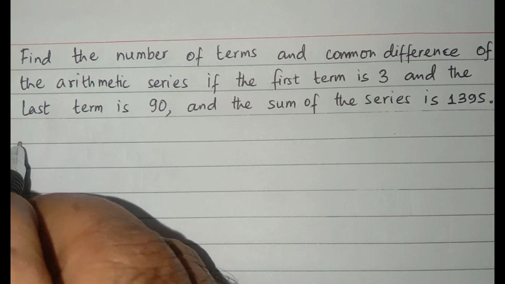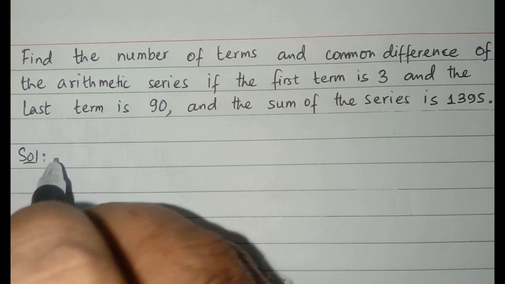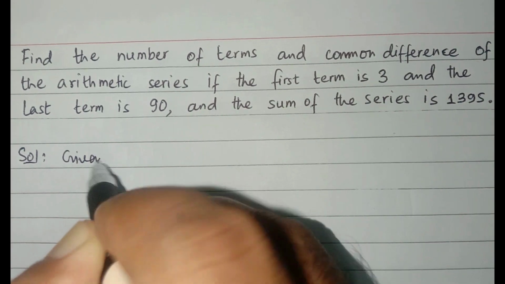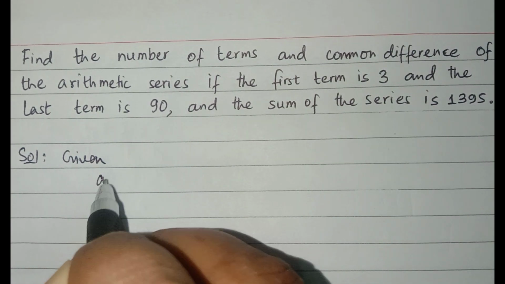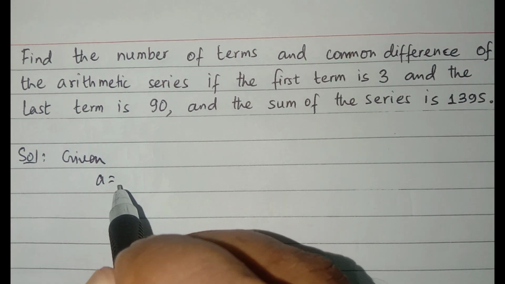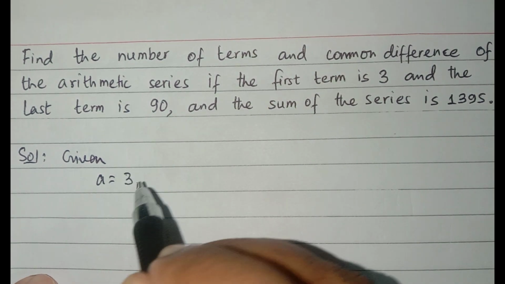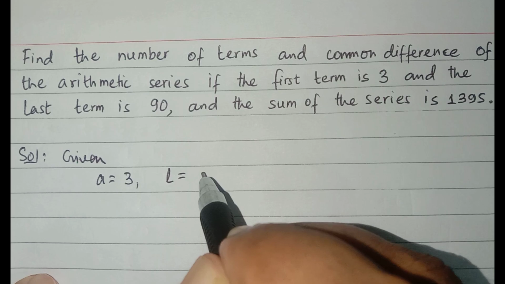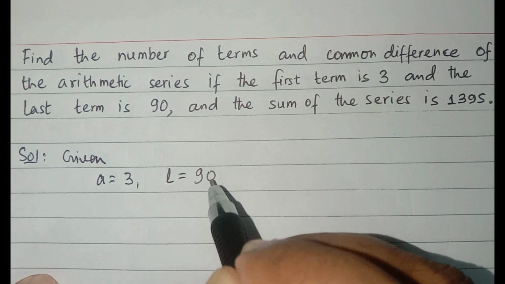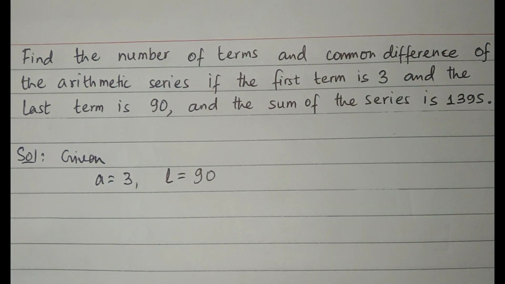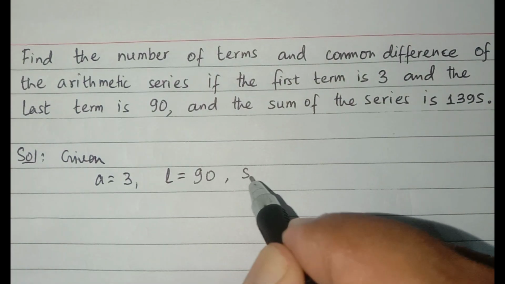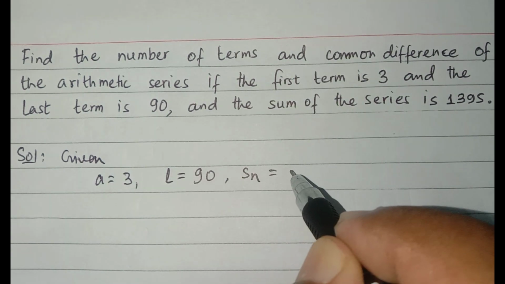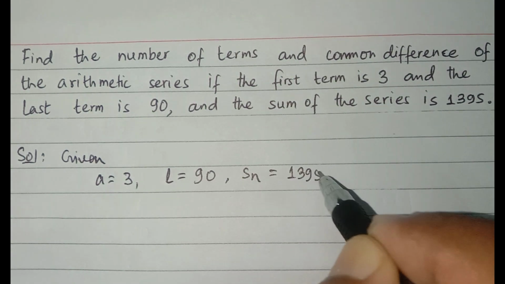Okay, so here we are given that a, the first term, is 3, l, the last term, is 90, and we can denote the last term as b as well, no problem. And the sum of these terms is given as 1395.